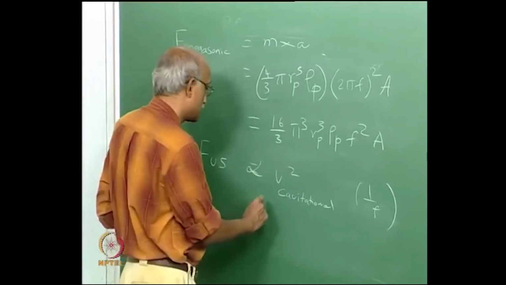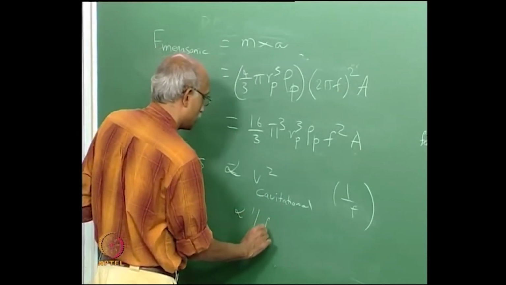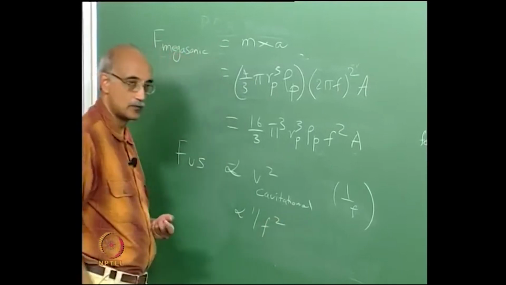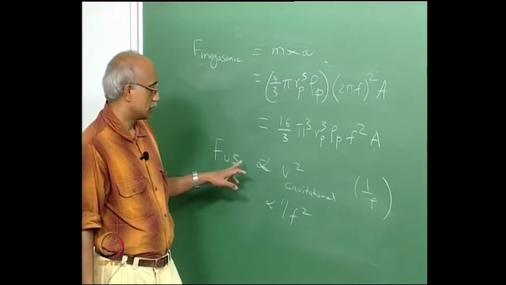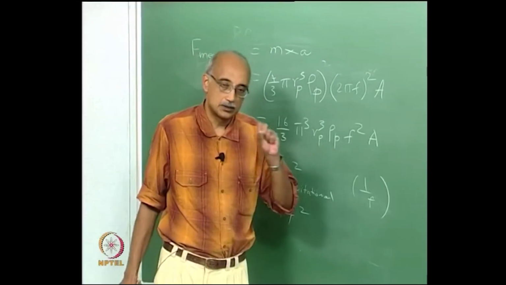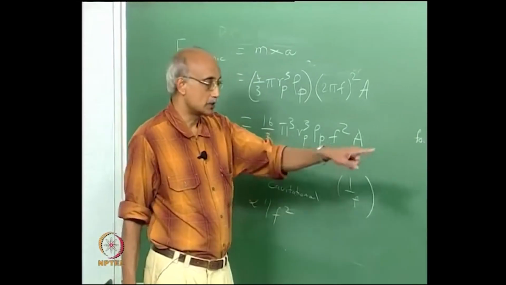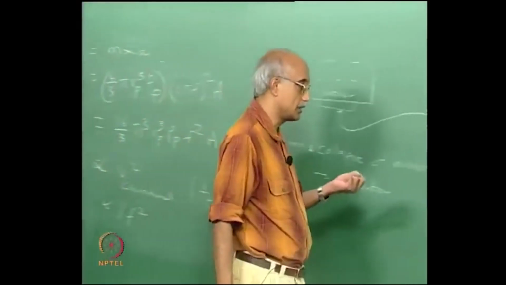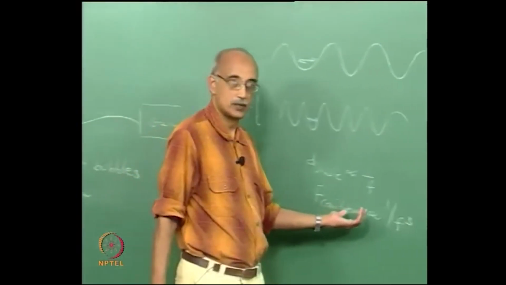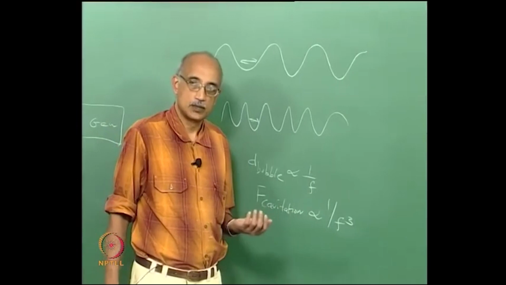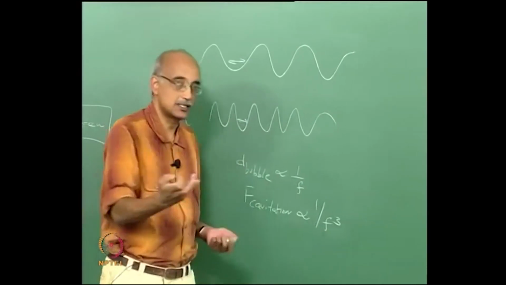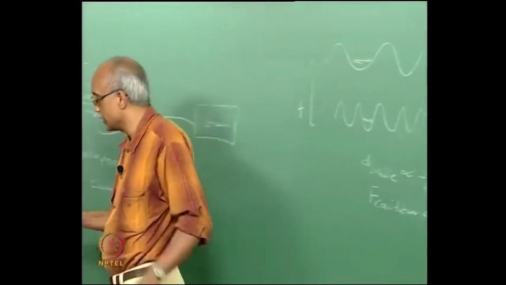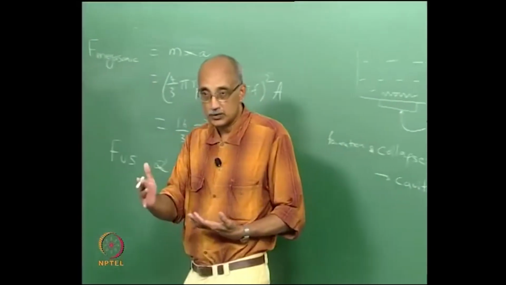So, what this means is the ultrasonic force goes roughly as 1 over f squared. Now, this is the energy that is transferred to the surface. Now, as we saw earlier, if you just look at the energy release from the surface, it goes as 1 over f cubed. So, actually this is the energy that is released as the bubble implodes, this is the energy that is transferred to the surface.